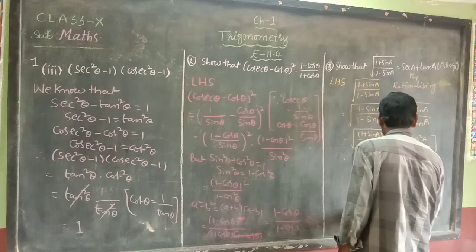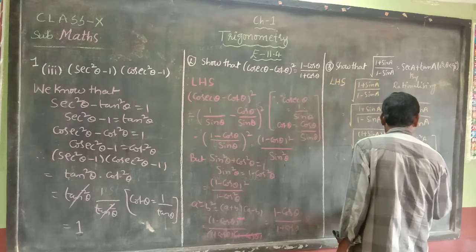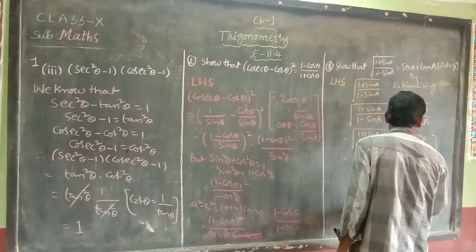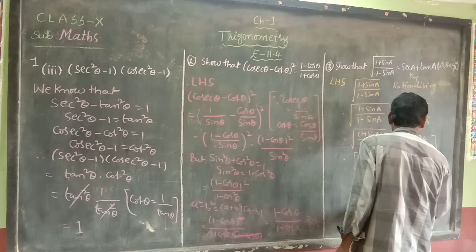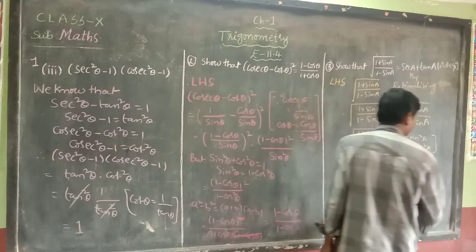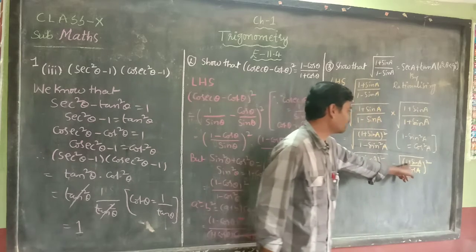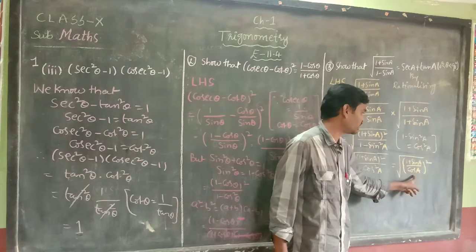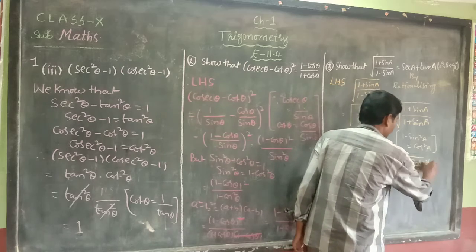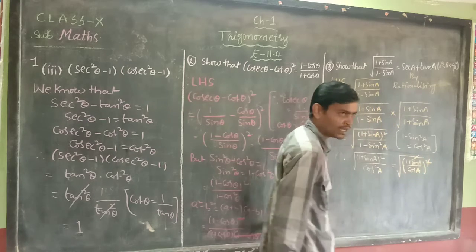In the numerator also a square is there, in the denominator also a square is there. With this, what are we writing? Under root of ((1 plus sin A) by cos A) whole square. Here, square and root will get cancelled.